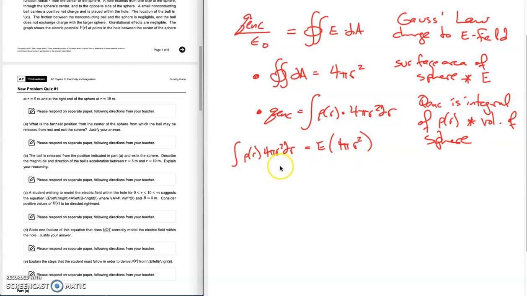Well, this is an integral over the radius, so we need to take the derivative with respect to the radius.